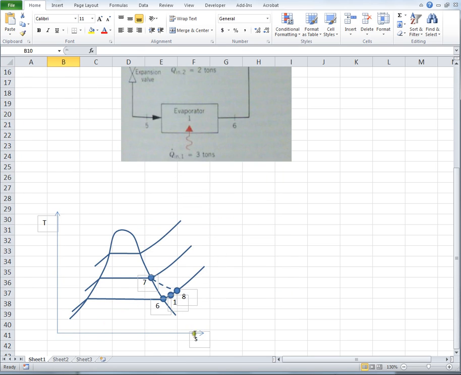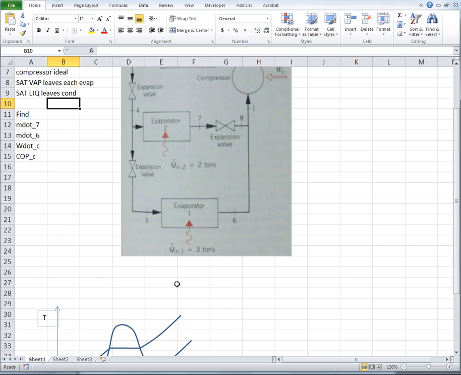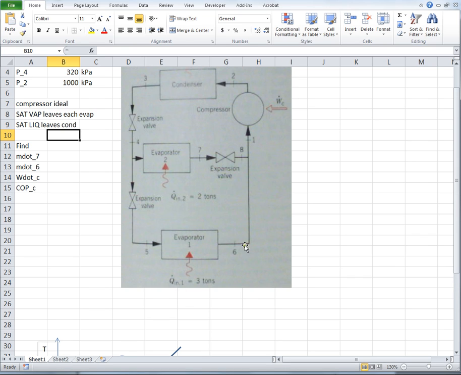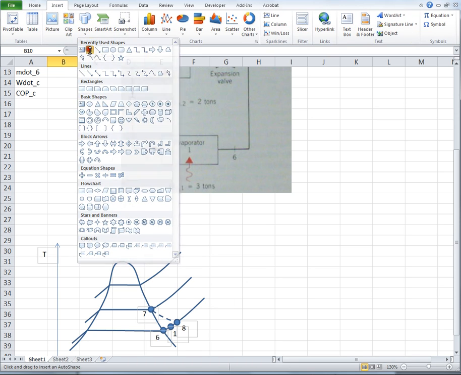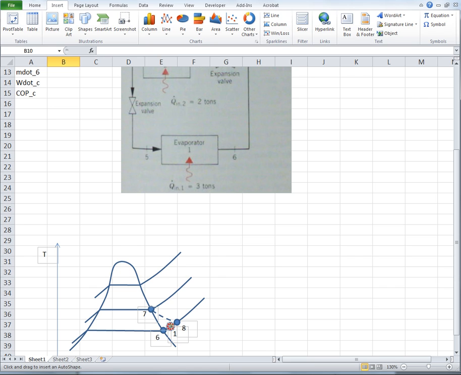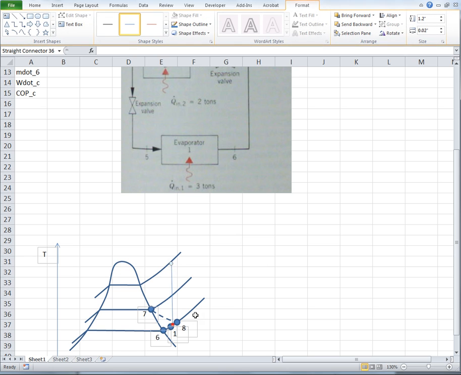So this is a TS diagram. So constant entropy is straight up. How far up does it go? Well, it goes from the low pressure, 6 and 8 are low pressure, 1 is low pressure, to the highest pressure. So we're going to connect these lines. We're going to connect like that.